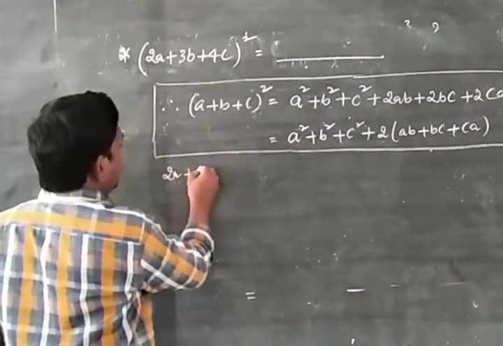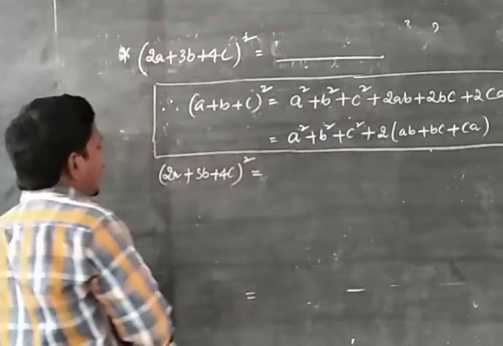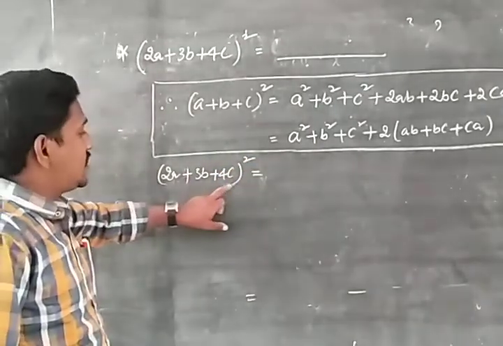2a plus 3b plus 4c all square equal to, here a means 2a, b means 3b, c means 4c.